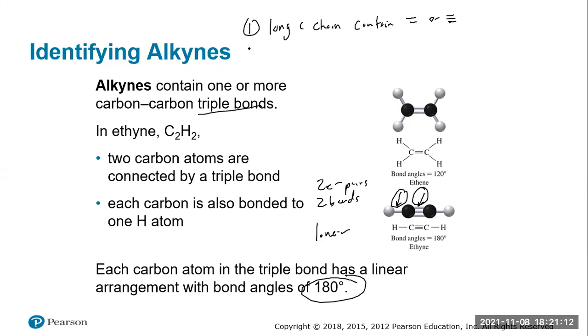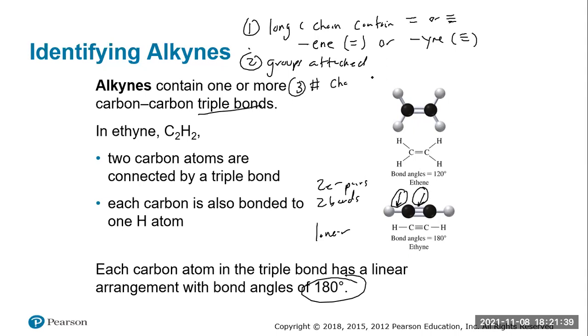That will still give us the base of our name, which we will now change to either ENE if it's a double bond, or YNE if it's a triple bond present. We then will still find our groups that are attached. And now something that's a little bit different than what we do with alkanes is when we number the chain, we want to number the chain to give the double bond or triple bond the smallest number.